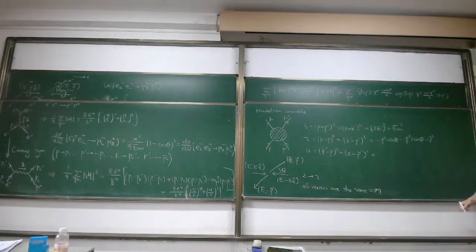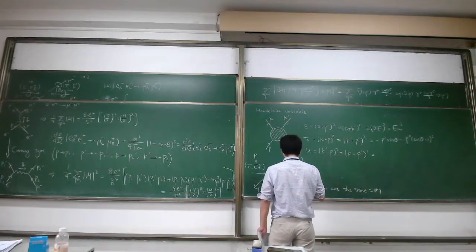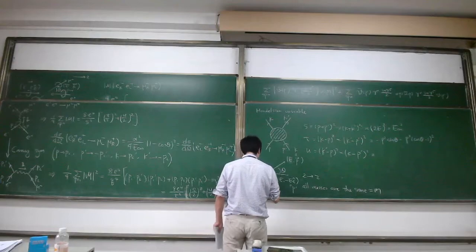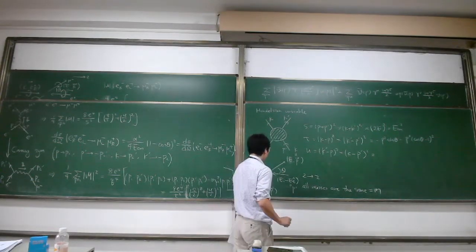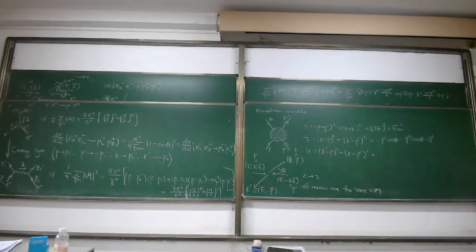So the difference between P, so this is P, and this is P prime, and this is K, and this is K prime. Okay, so therefore, what we have is that so this P is indeed equal to, I got confused.